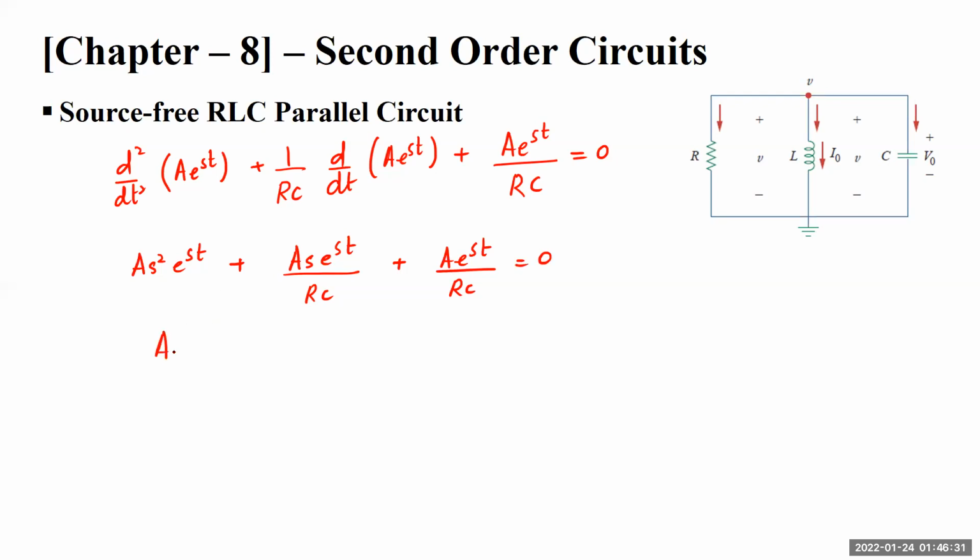So we take A e^(st) common, and we are left with s squared plus s times 1/RC plus 1/LC equals 0.